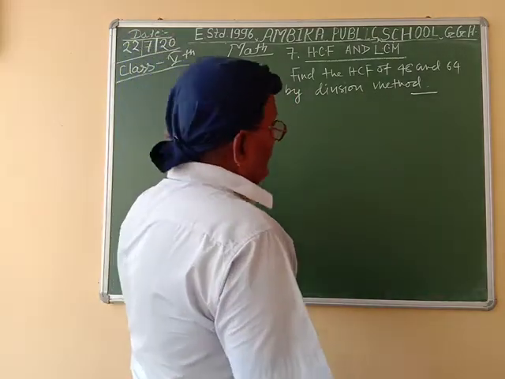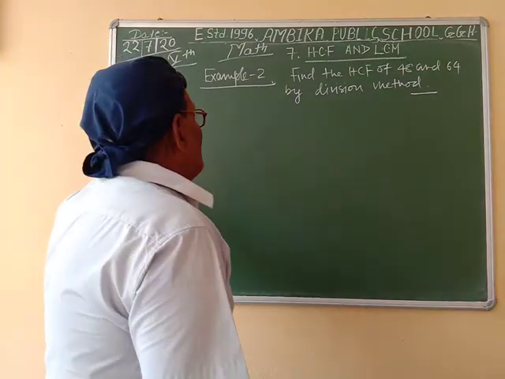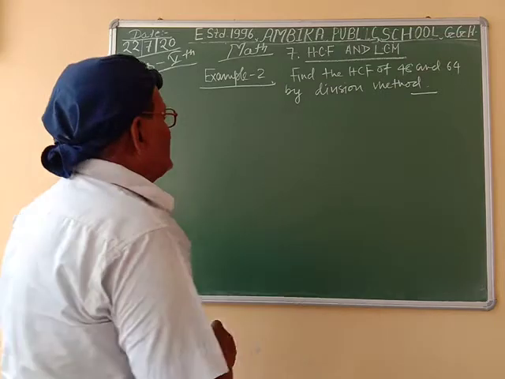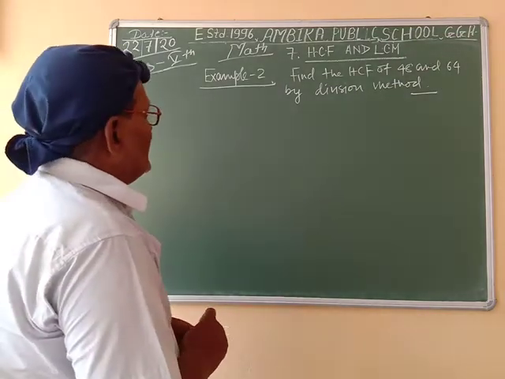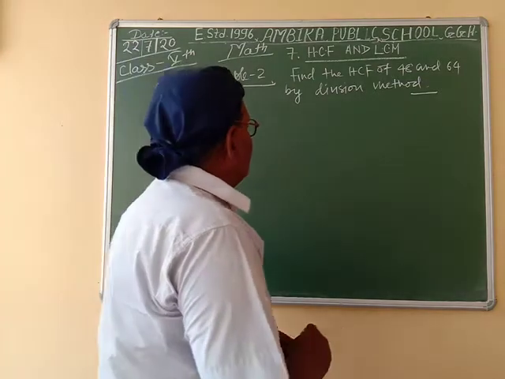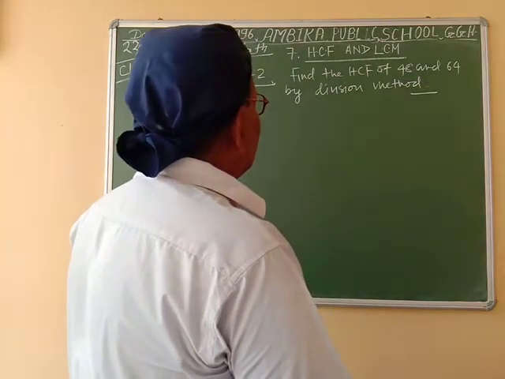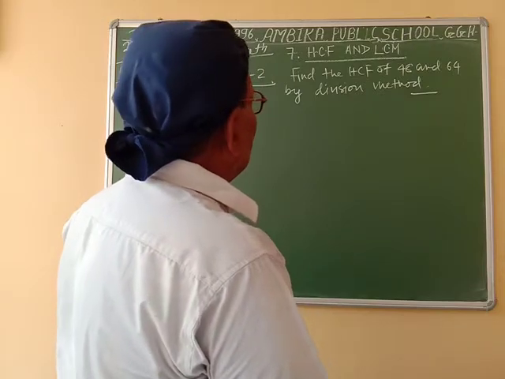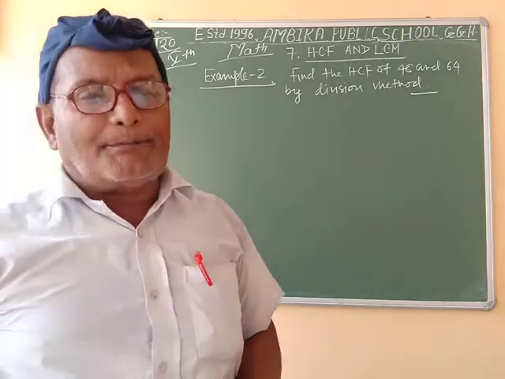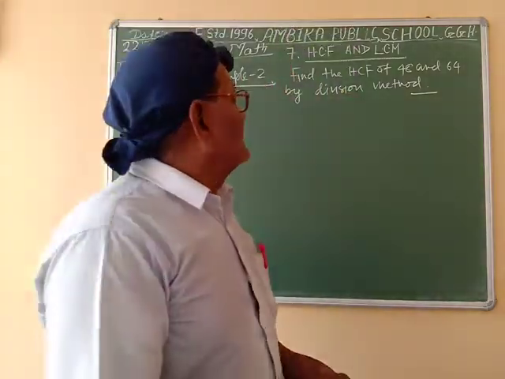The first method was taught in the previous class, and today I am going to teach you the division method. What is the division method? First of all, divide the greater number by the smaller number.